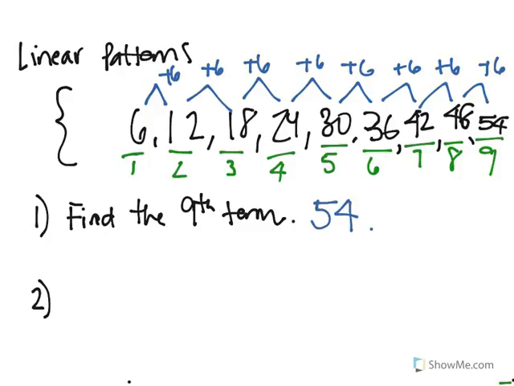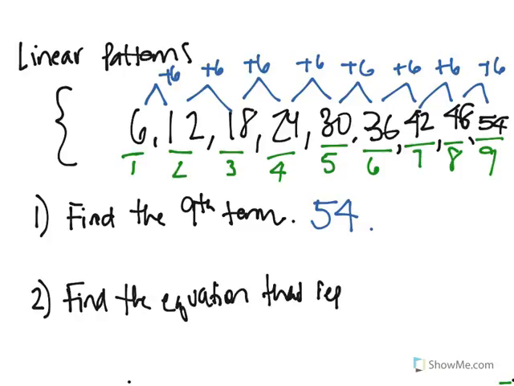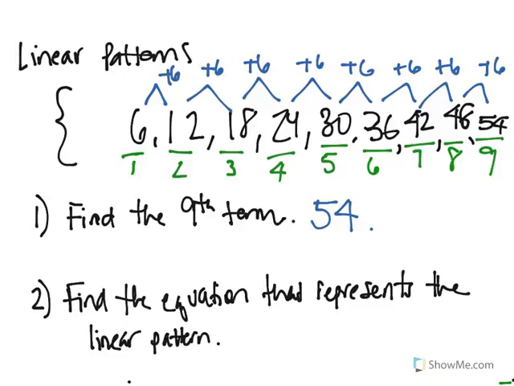The second type of question you're going to see with linear patterns is find the equation that represents the linear pattern. Okay, so if you need to find an equation that represents a linear pattern, what type of equation do you think you're going to find?